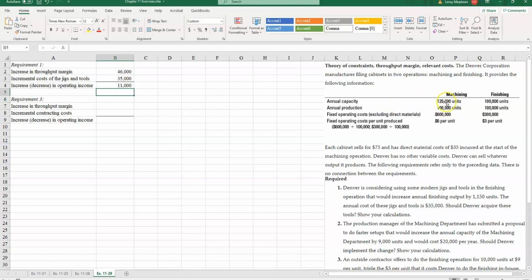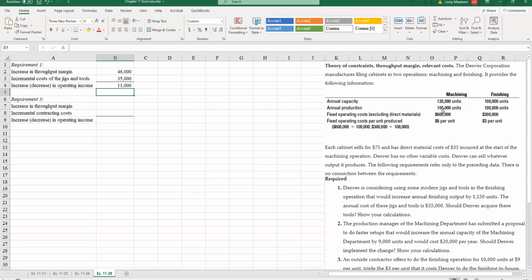So let's say that I do that and my annual capacity is 129,000 for machining. Is that going to make a difference on total output? No, it's not. What's going to happen is it's going to make the bottleneck even worse, because that gap between what machining can do and what finishing can handle is going to be even greater.